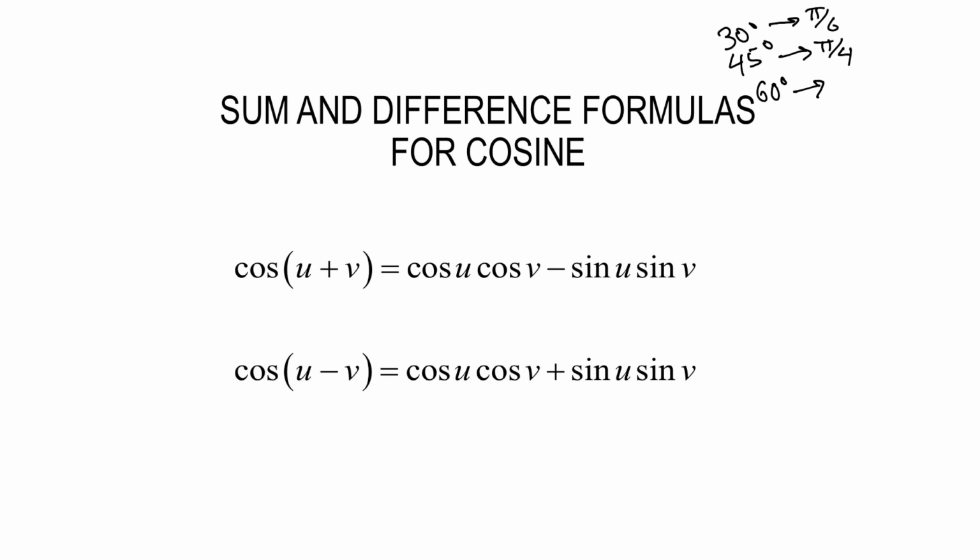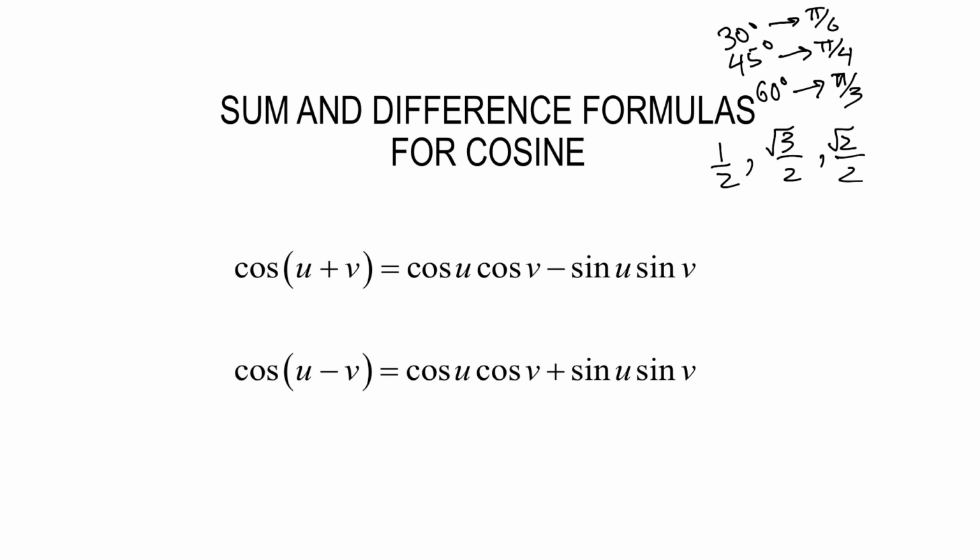This is pi over 3. We get those 1/2, root 3 over 2, and then root 2 over 2 when we're talking about sine and cosine. A little easier to see when we're talking in terms of degrees.